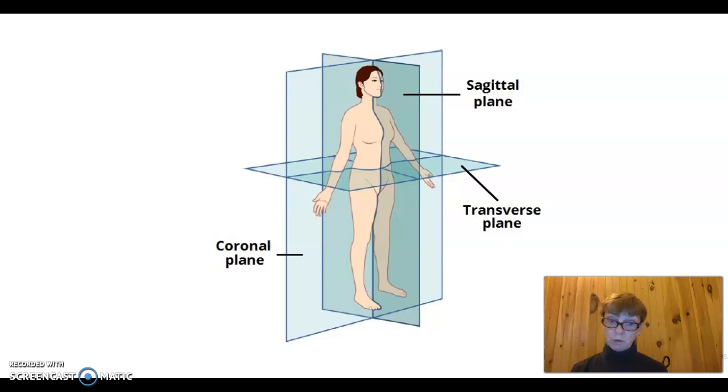Oftentimes in physical therapy rooms, you will see that there are mirrors so that the patient can start trying to get their brain to realize what is that midline or that sagittal component to it. And again, that is one of the indicators of that brain damage. And again, using my saw, the sagittal would be this way, and I would try to go right for my nose and right straight through.